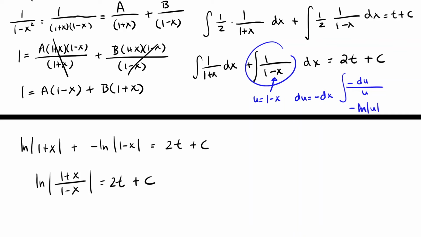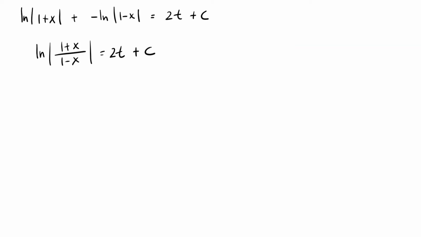And now that we have that, let's solve for our dependent variable x. At this point, we're just going to use algebra to isolate x. I'm going to raise e to the left side, which is equal to e raised to the right side. e and natural log are inverse functions, so we get the input back as a result. And then we get e raised to the 2t plus c.